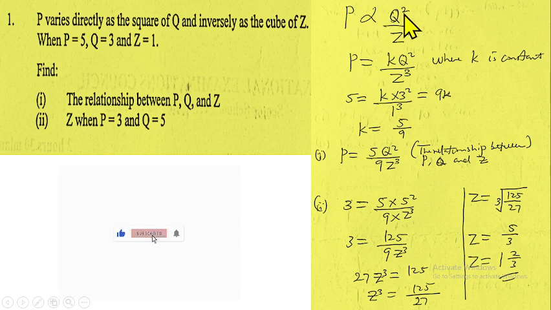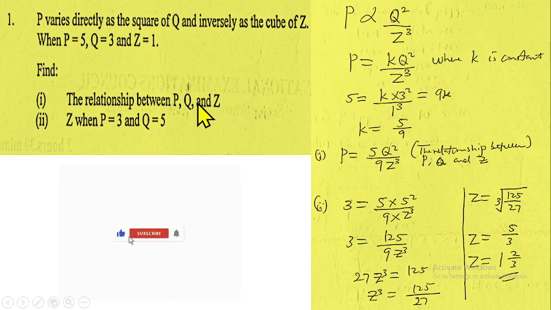So P varies as the square of Q and inversely as the cube of Z. Then we need to change this mathematical expression to a mathematical equation by introducing a constant. When you introduce a constant, this changes to an equation, and we have constant k here. So we have the equation to be P equals kQ squared over Z cubed, where k is a constant.